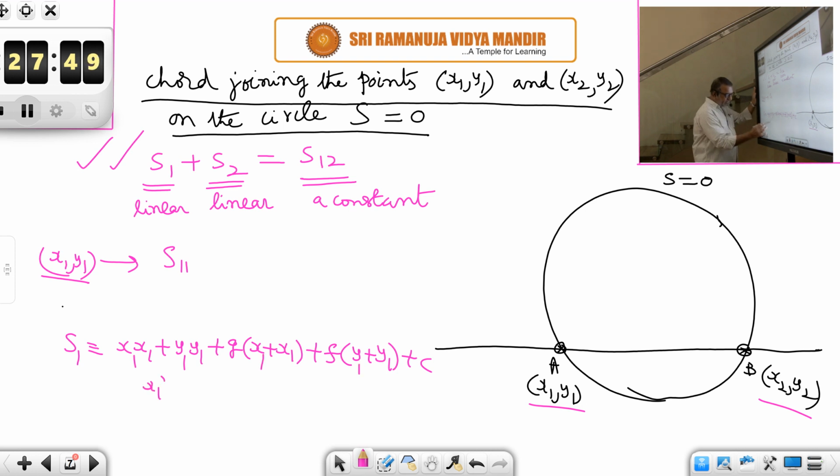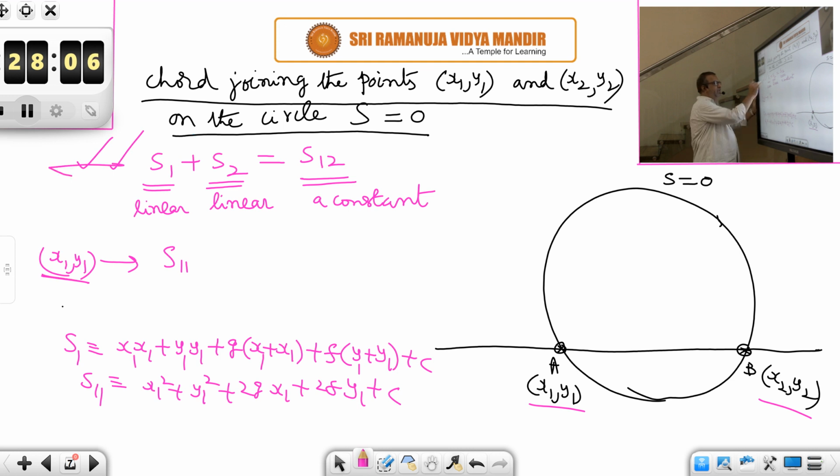So I will get x1 square plus y1 square plus 2gx1 plus 2fy1 plus c. That means it is just like substituting the point x1, y1 completely in the expression. So it is nothing but S11.